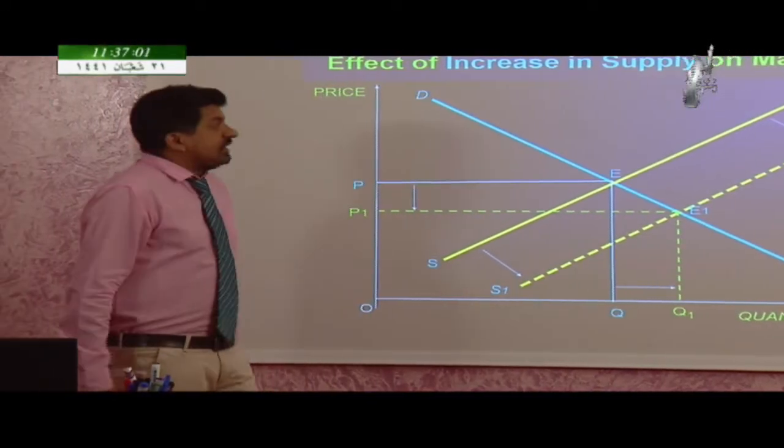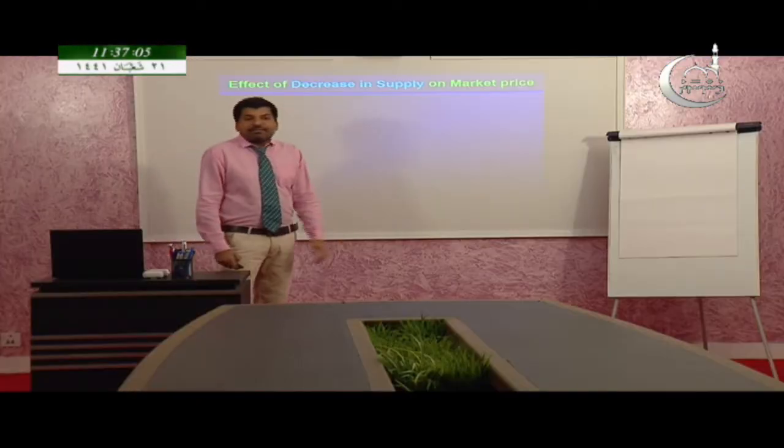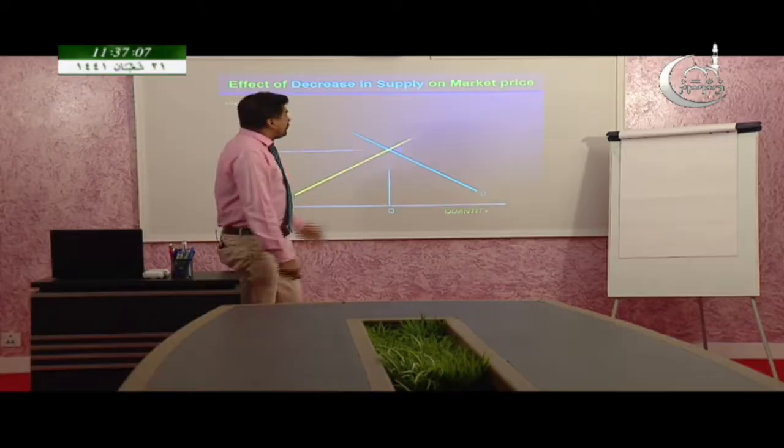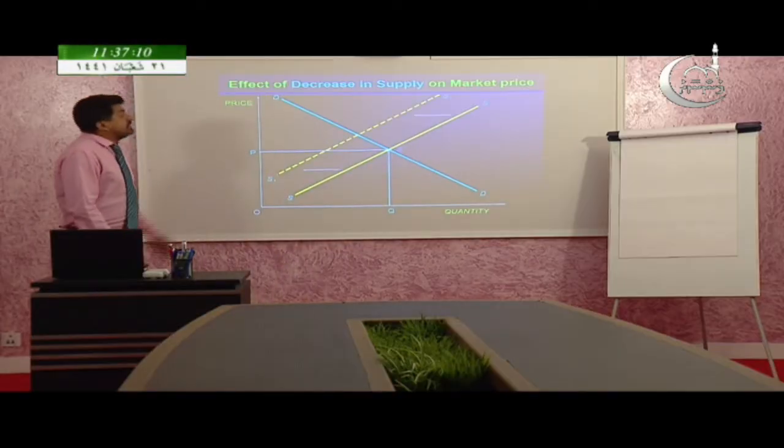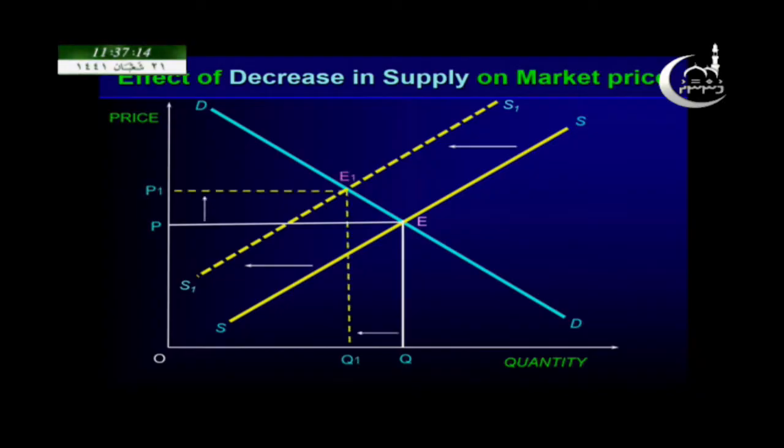And the opposite, what will happen to the market price if there is a decrease in supply? You should already know this. A decrease in supply means the supply curve will shift to the left, and as a result we get the new equilibrium point E1, and the market price goes up to P1 and the market quantity decreases from Q to Q1. And here there is a movement along the demand curve.